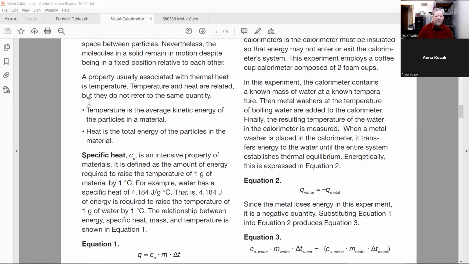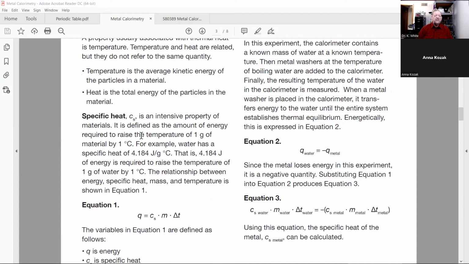Now, a property that is associated with thermal heat is temperature. And temperature and heat are related, but they're not the same quantity. Temperature is the average kinetic energy of a particle in a material. That's average kinetic, where heat is the total energy.